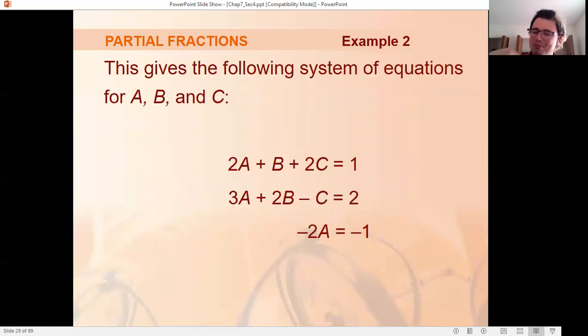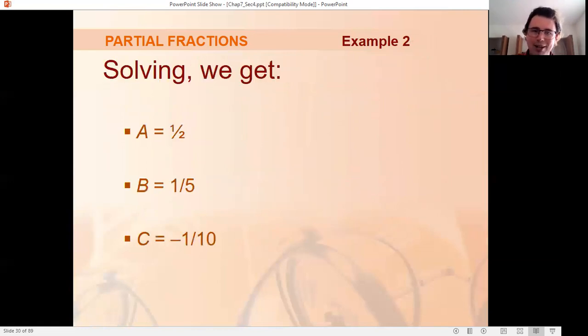So there's our equations. We can solve this system of equations using algebra. And here's the solution. A is the number 1/2, B is the number 1/5, and C is the number negative 1/10.